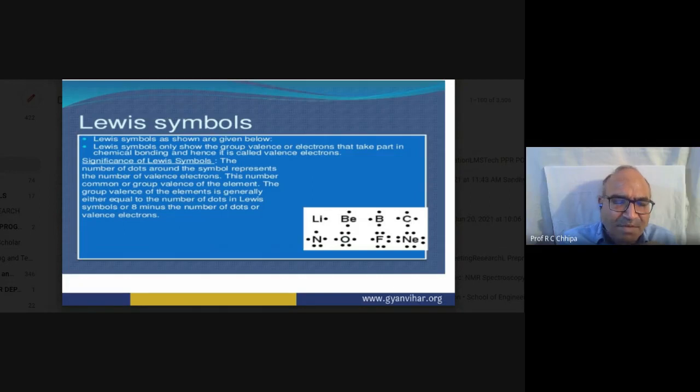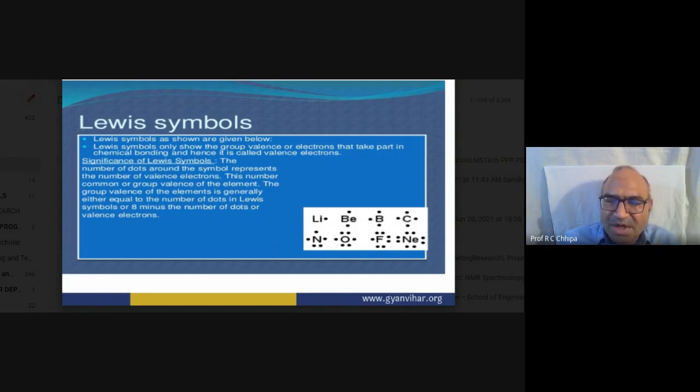Ionic bonds are generally formed between S block and P block elements. Sodium chloride is an ionic bond. In methane, carbon is tetravalent with four electrons, combined with four hydrogens having one electron each, one carbon with four hydrogens. That is the second type of bonding, the covalent bonding.